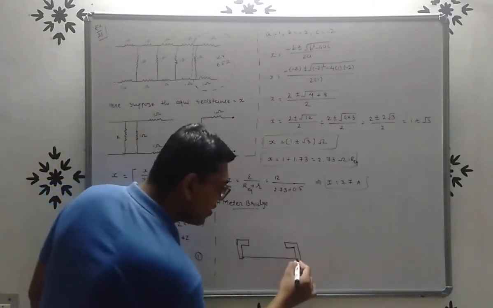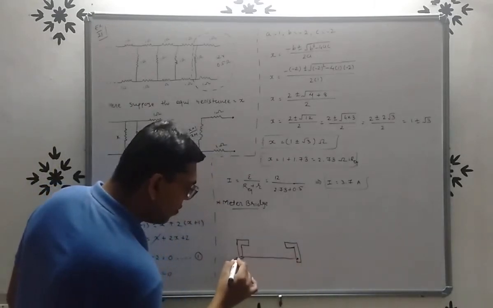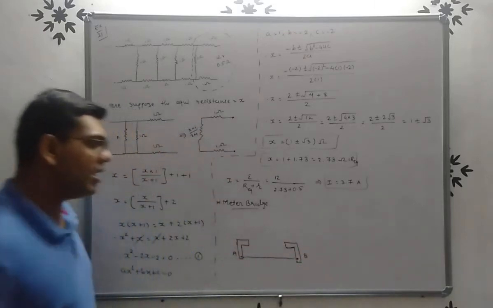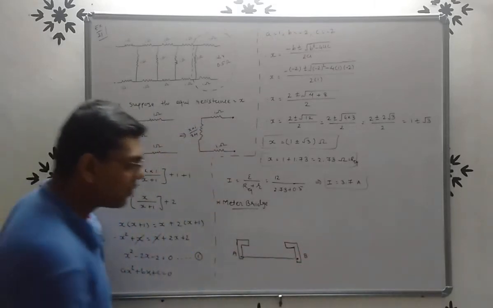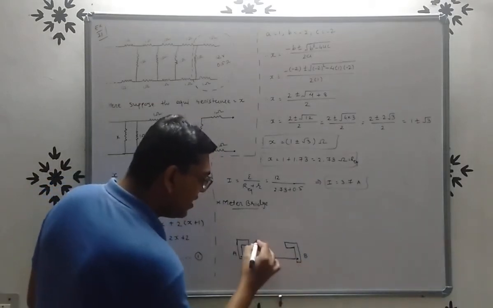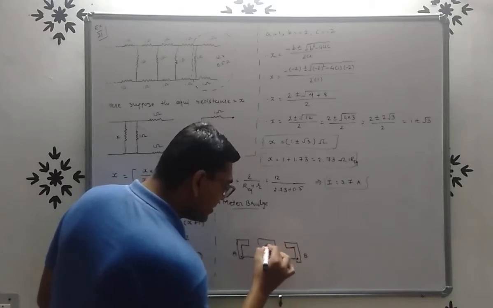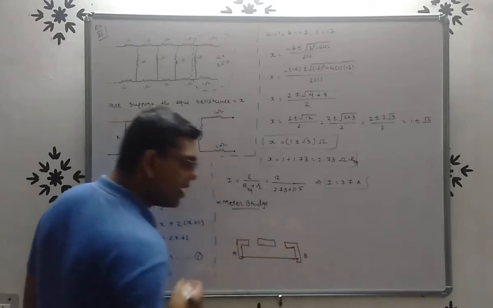This is point A and this is point B. Now here, between these two plates there is another plate like this, right?